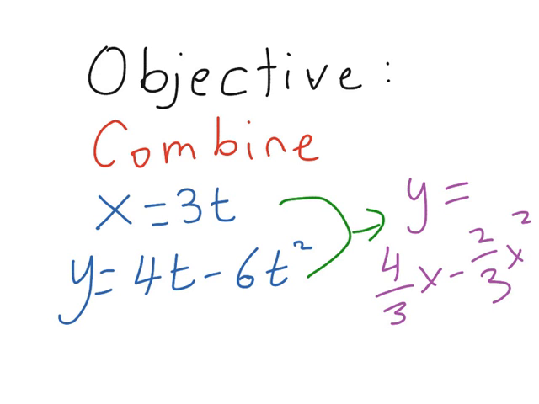Notice that in our two equations, we have x, y, and t, three different variables or letters. When we combine them into one equation, we only have x and y.